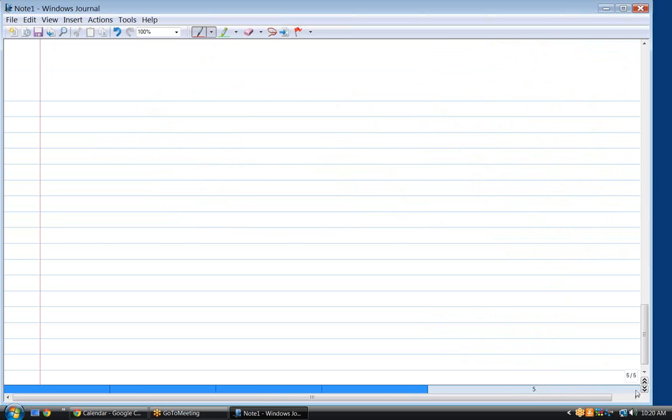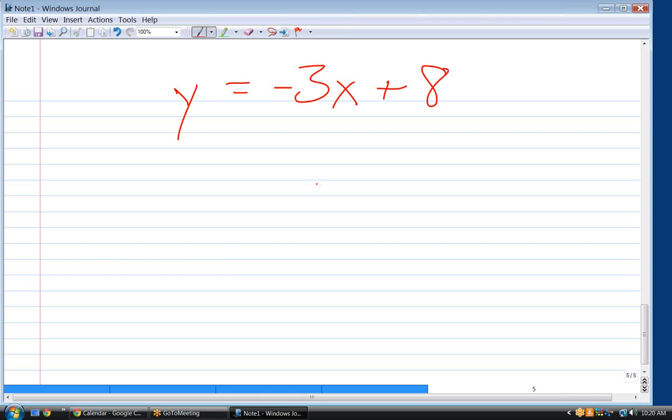What else have you got? Just a solving problem. Okay. y equals negative 3x plus 8, and y equals x squared plus 3x minus 8.